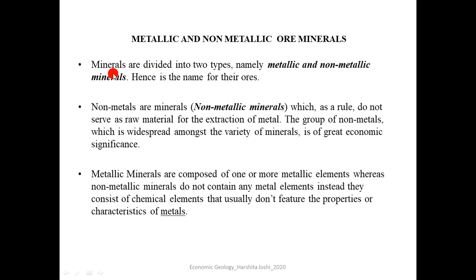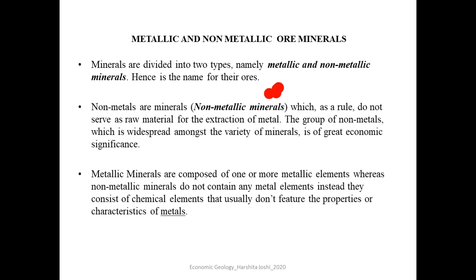We know that minerals are divided into metallic and non-metallic minerals depending upon the elements with which they are made, because elements have metallic or non-metallic properties depending upon their charge. Cations are usually said to be metallic, anions are usually said to be non-metallic because of their tendency of accepting or donating electrons, right?